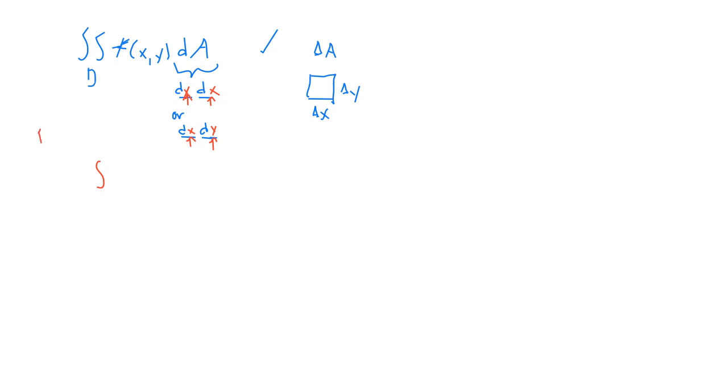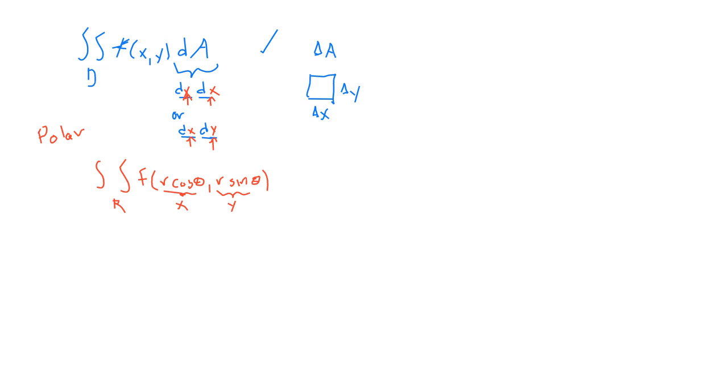For polar coordinates, you're going to have a double integral over some region R, and f is now a function of r cosine theta and r sine theta, because with polar coordinates, x is equal to r cosine theta and y is equal to r sine theta.